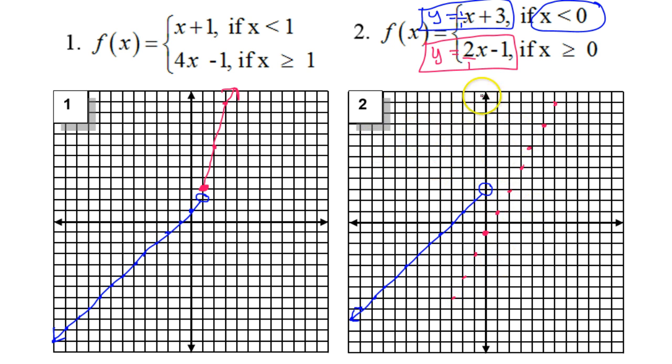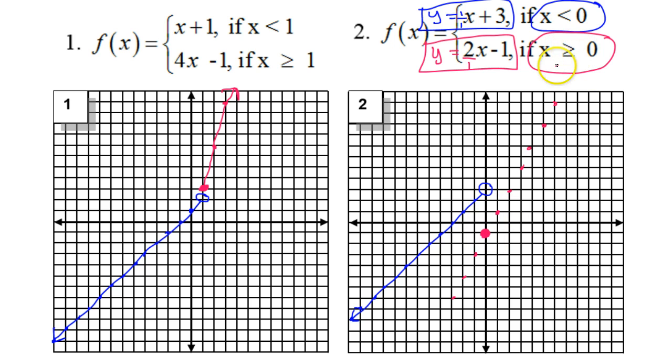Okay, now the domain restriction, x values greater than or equal to 0. Well, this is the point where the x value is 0. I'm going to make it a closed circle because greater than or equal to 0 includes 0 itself.